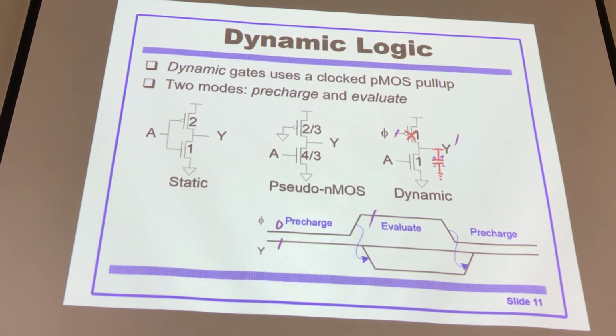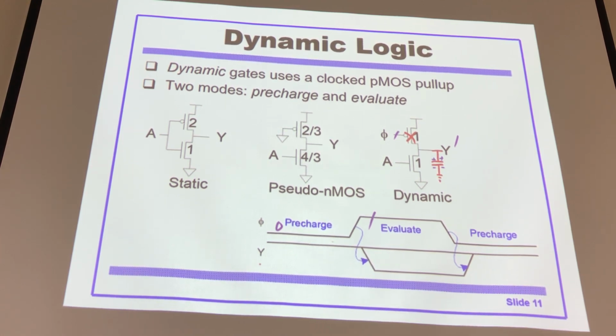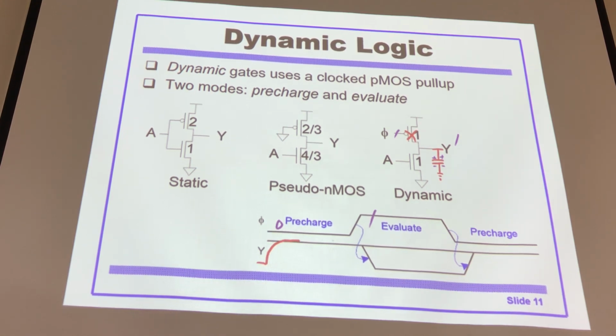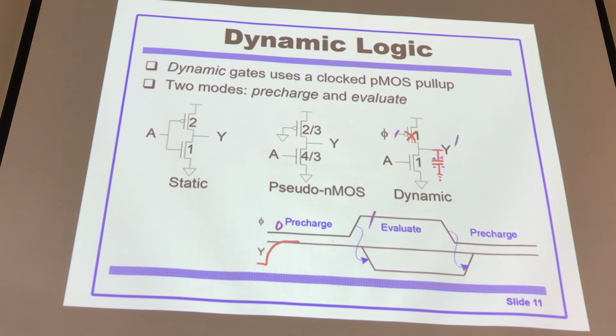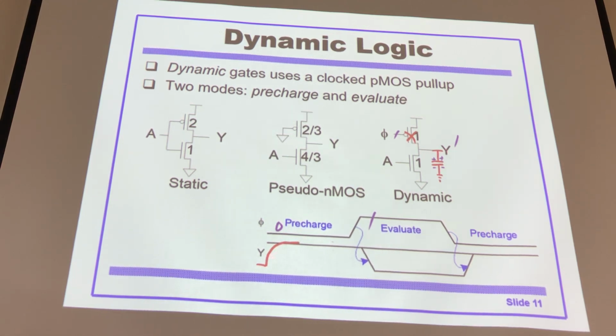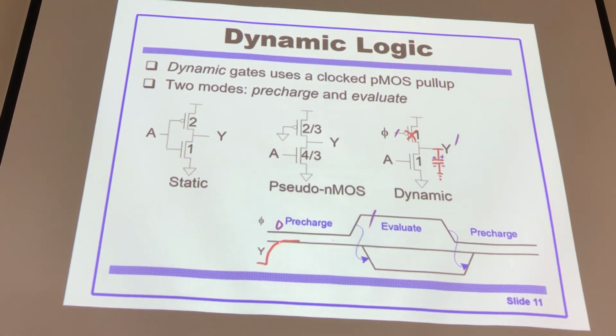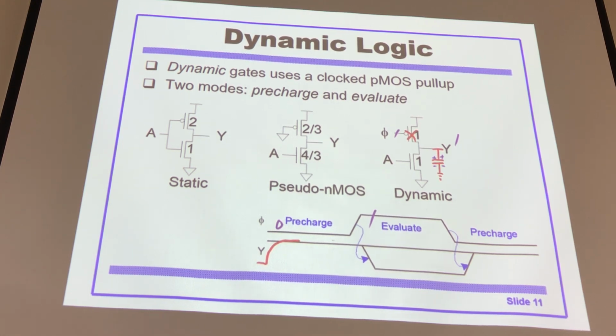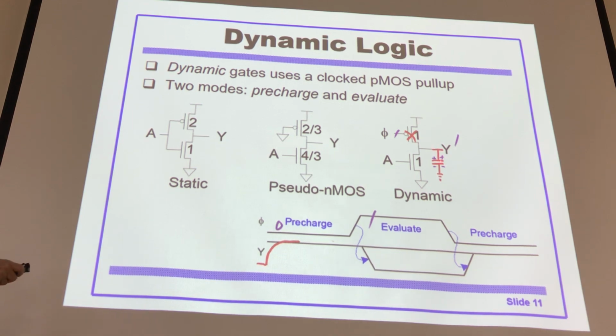Why does it have some kind of waveform like this? In the beginning, the current is large, so it charges really fast. But as you accumulate more and more charge and more and more voltage here, the current becomes lower and lower, so the speed becomes slow, trying to reach the saturation point. But anyway, eventually you will get signal 1 for voltage.